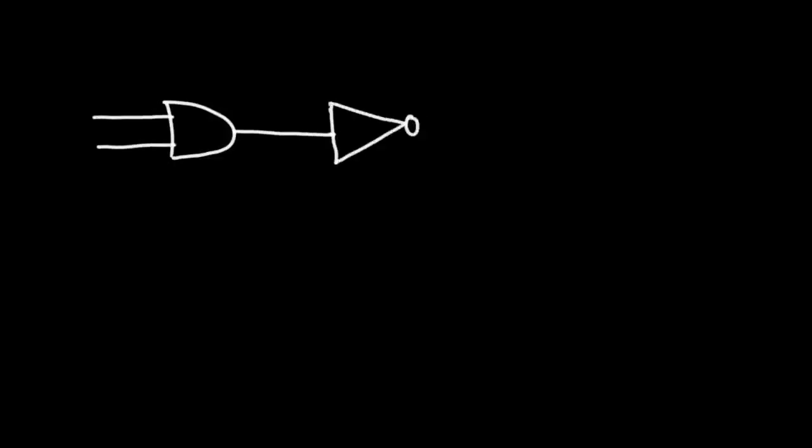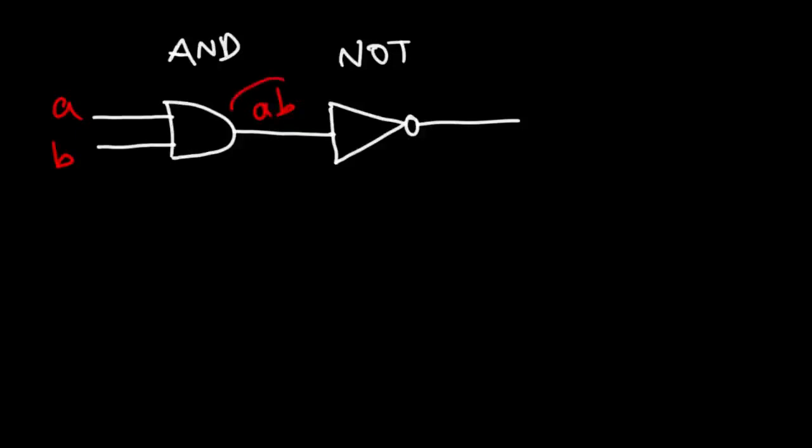Now, we could use an AND gate and a NOT gate to construct a NAND gate. So here is the AND gate, and let's put a NOT gate next to it. So let's say this is input A, input B. The output of an AND gate is AB, and once you use a NOT gate, it basically takes the input and gives you the complement of that.